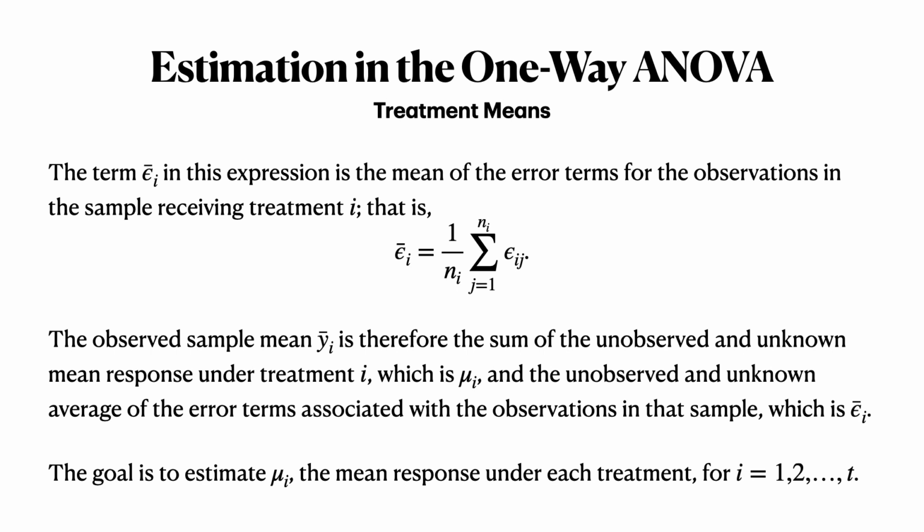The observed sample mean, y bar sub i, is therefore the sum of the unobserved and unknown mean response under treatment i, which is mu sub i, and the unobserved and unknown average of the error terms associated with the observations in that sample, which is epsilon bar sub i. The goal is to estimate mu sub i, the mean response under each treatment, where i goes from 1 to t.